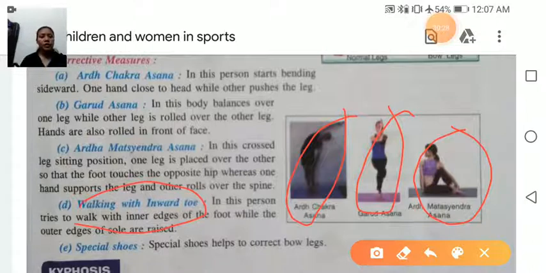In this, the person tries to walk with the inner edge of the foot while the outer edge of the soles are raised. Okay, he has to walk with the inner toe. Try to walk with the inner edge of the toe. Or special shoes. The person has to wear special shoes. Special shoes help to correct bow leg.